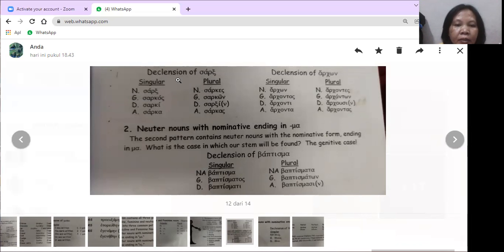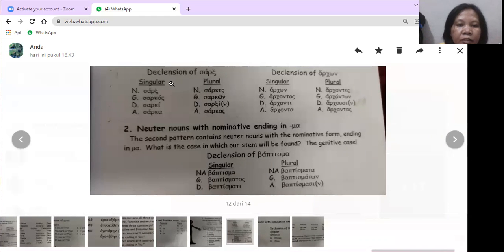For example, the declension of archon, with endings on, os, er, as, on, sin, as.